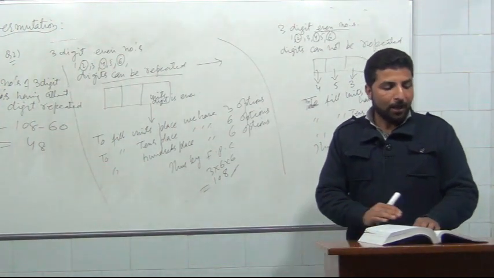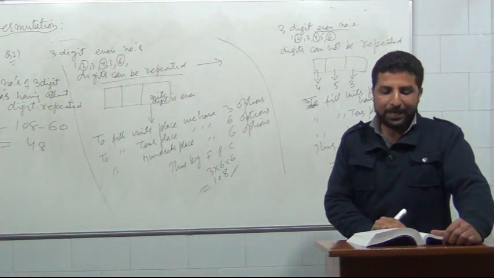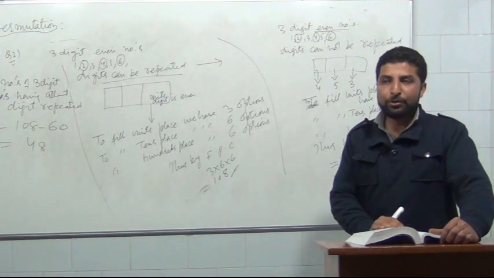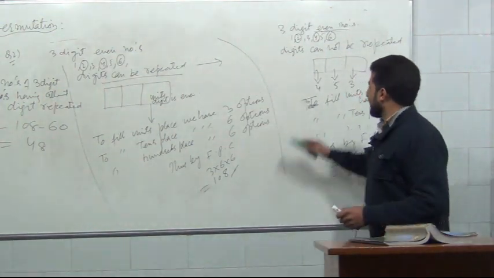Next is: how many 4-letter codes can be formed using the first 10 letters of the English alphabet if no letter can be repeated. A nice question.